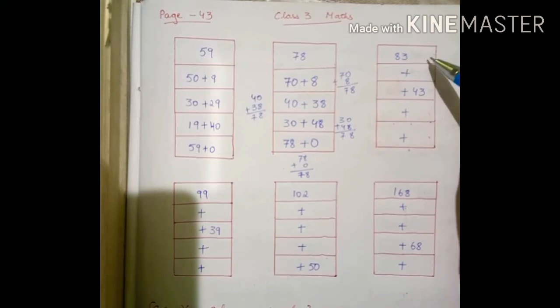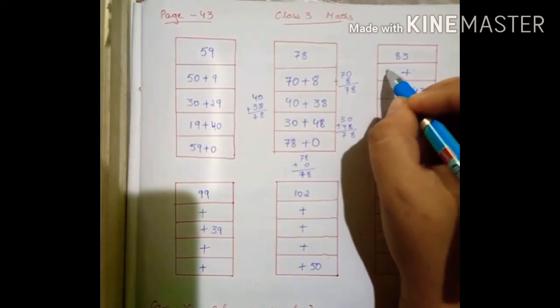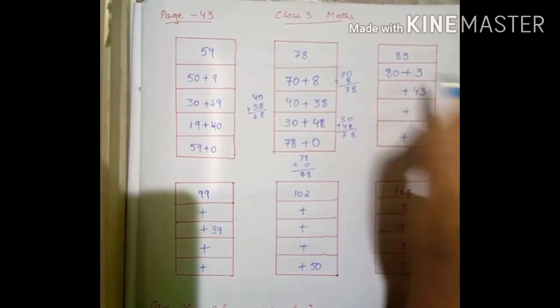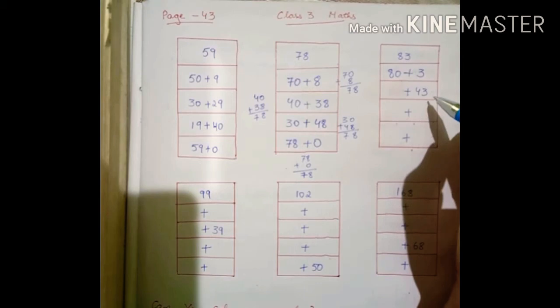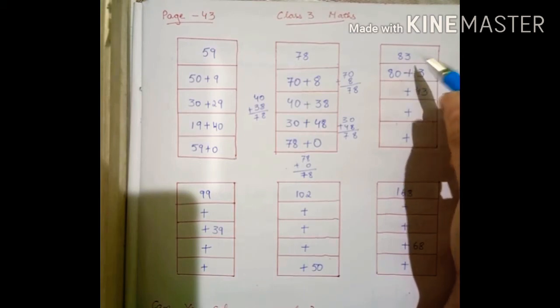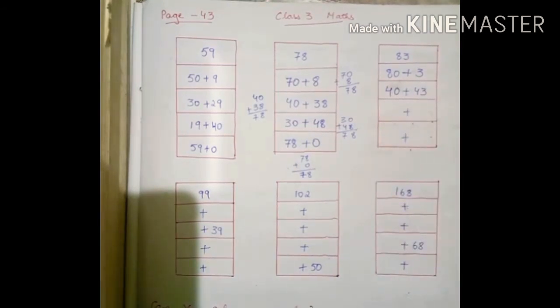The number is 83. The first one you can do is 80 plus 3 will give 83. Then they have already given the number 43. So what should be added to this 43 to give 83? We can add 40 to get 83.